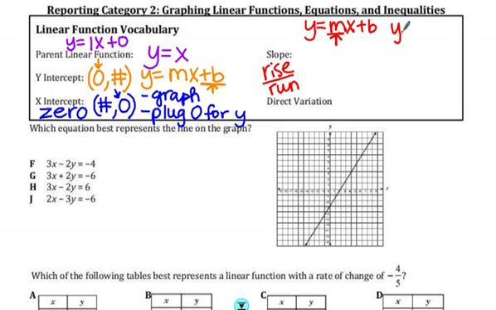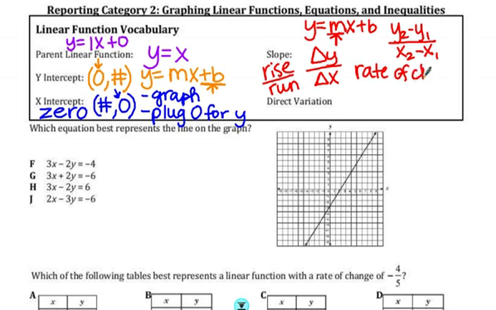I could do y2 minus y1 over x2 minus x1. I could call it change in y over change in x. And the last one is rate of change. Don't forget, rate of change is just a fancy way of saying slope.